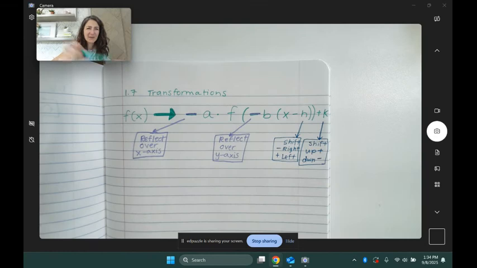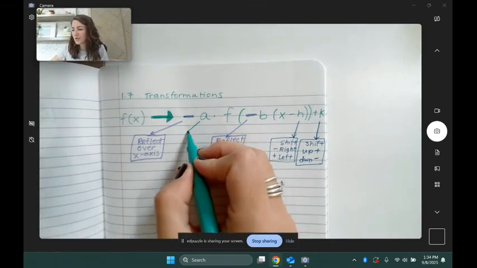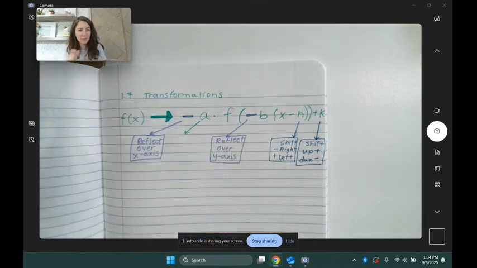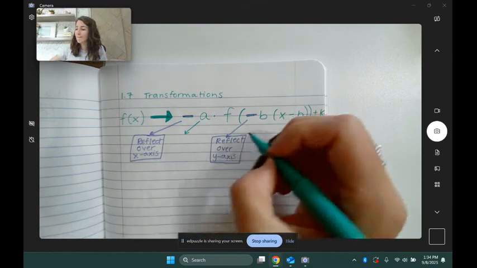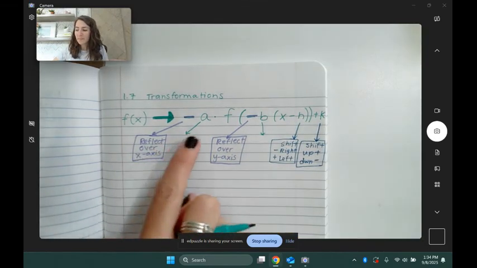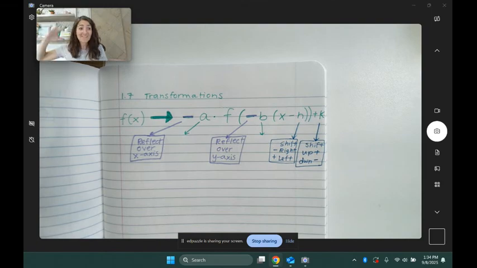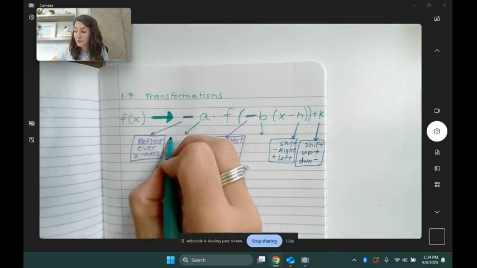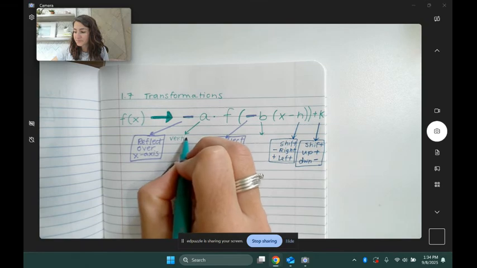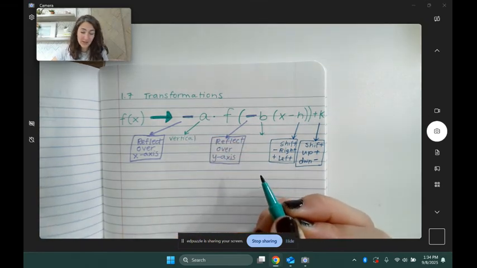Now the A's and the B's, these ones are, I don't want to say the trickiest, but visually they look pretty similar, so it's hard to distinguish between them. So again, like this one, because I'm outside of the function with this a, this is going to affect my y values. So it's going to be a vertical, sometimes they call it a dilation, a vertical dilation.